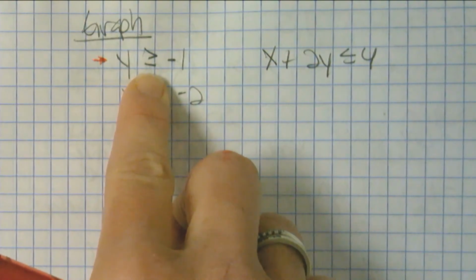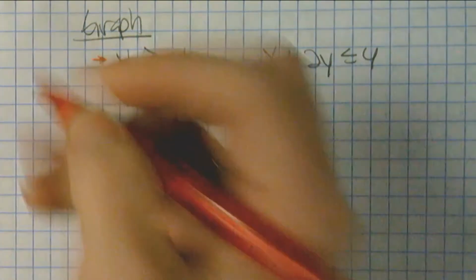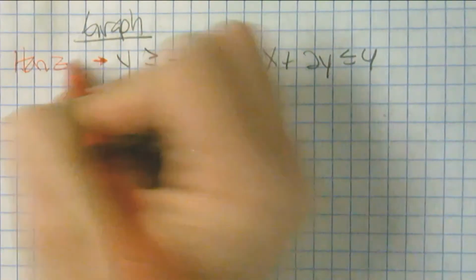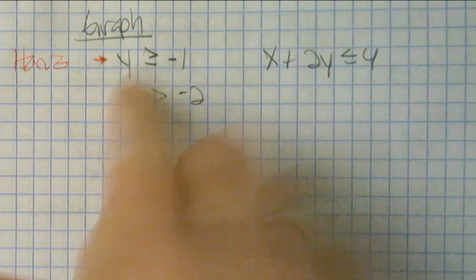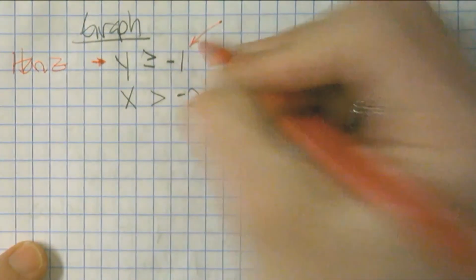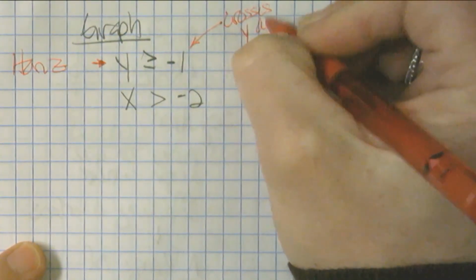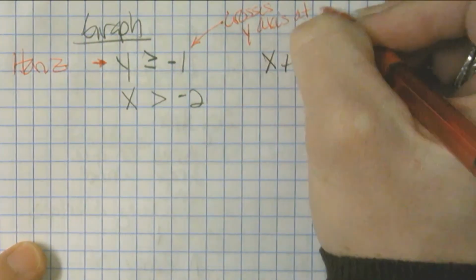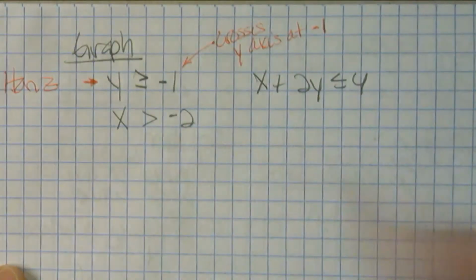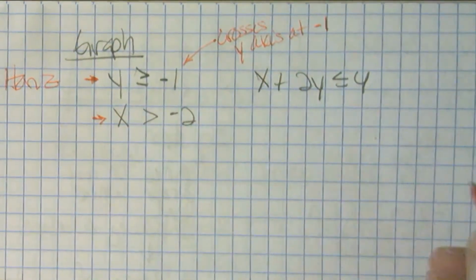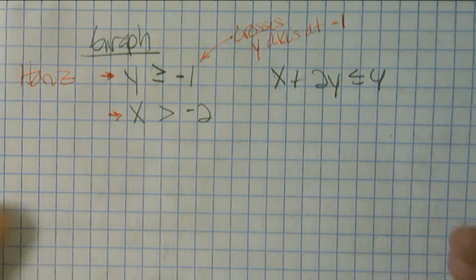What kind of line is this? Joseph? That's a horizontal line. And that's a horizontal line crossing the y-axis at -1. So what kind of line does that mean x is greater than -2 is going to be? Natalie?